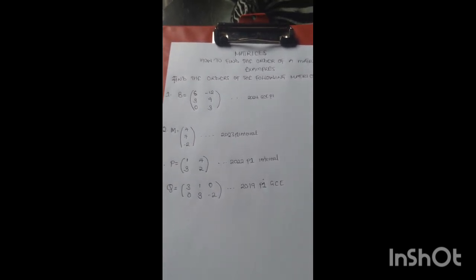All these components come each year, whether you pray in tongues or not, you will find those questions. Order and scalar in paper 1, the last 2 in paper 2. So today, let's learn how to get the order of a matrix.